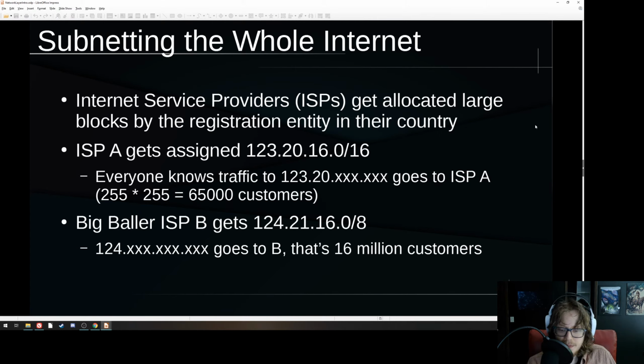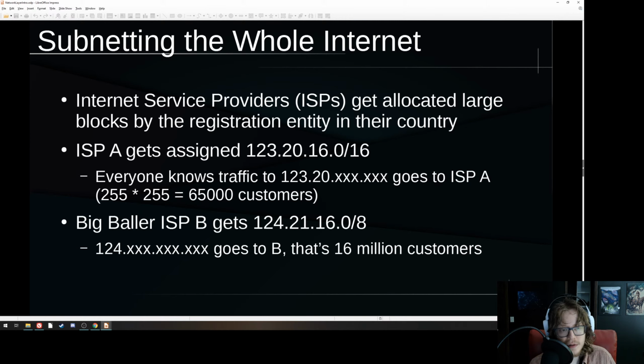So that way, anybody who gets a packet that's addressed to 123.20, and it doesn't matter what the rest of it is because it's /16, everything that goes to 123.20, those first 16 bits are the same, goes to ISP A. So all I need to know are what the first 16 bits are, and I know that that's supposed to be destined for ISP A, wherever they are.